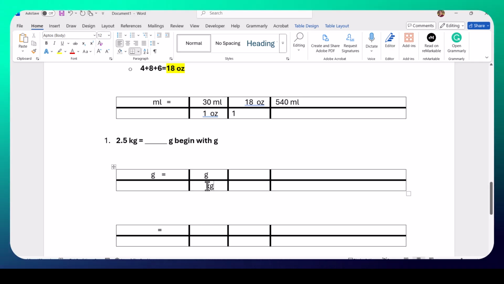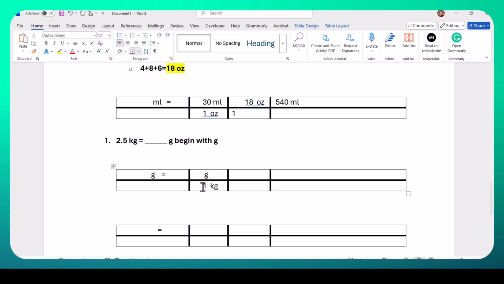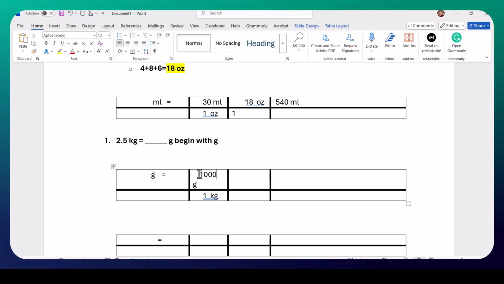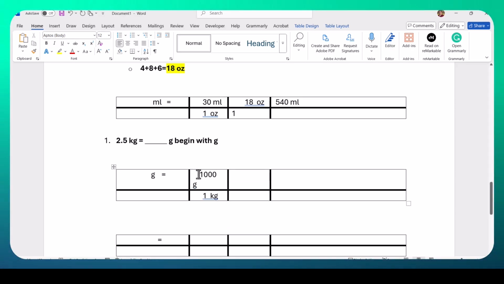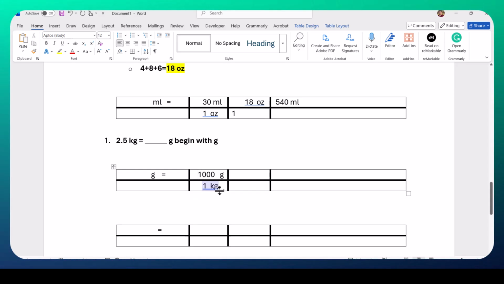You're going to look for how many grams are in 1 kilogram. It's 1,000 grams in 1 kilogram. Kilograms is on the bottom here, so kilograms must go on the top here because you have to cross cancel your units of measure. It was asking for 2.5 kilograms.